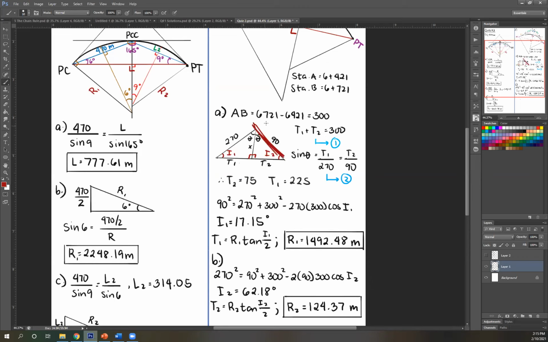That's your opposite side. So 90 squared equals the remaining two sides, 270 and 300. So 270 squared plus 300 squared minus 2ab. So minus 2 times the remaining sides as well. So 2 times 270.